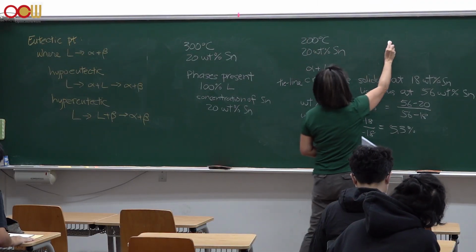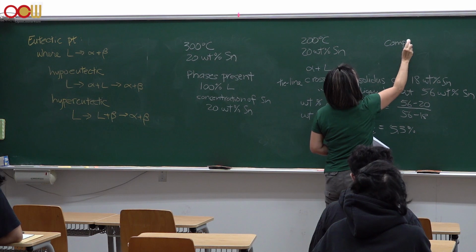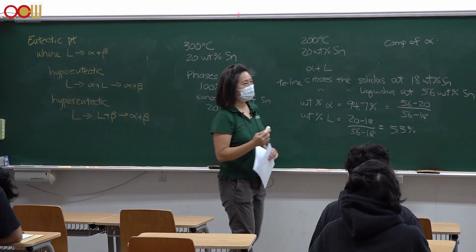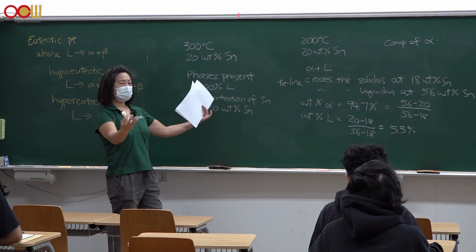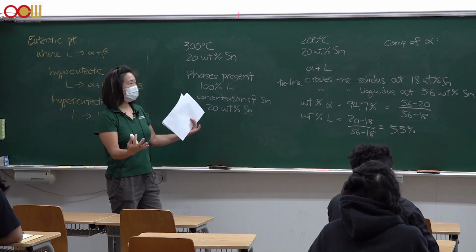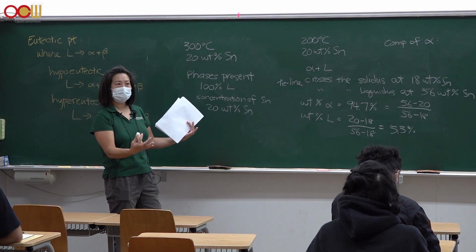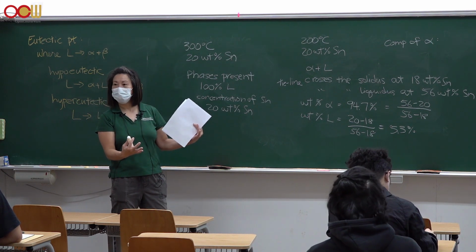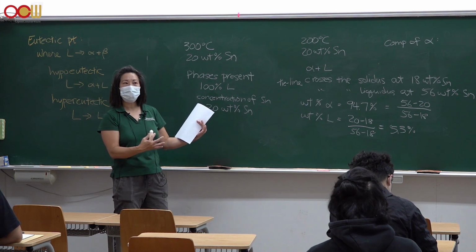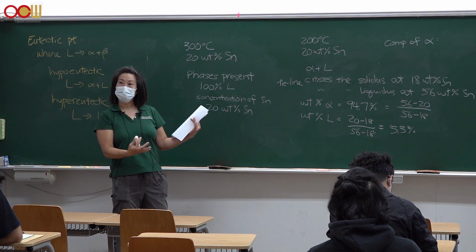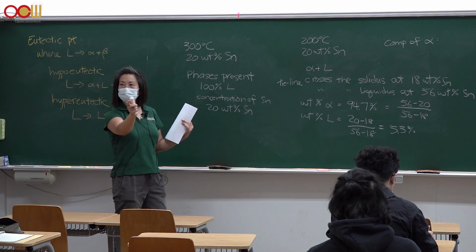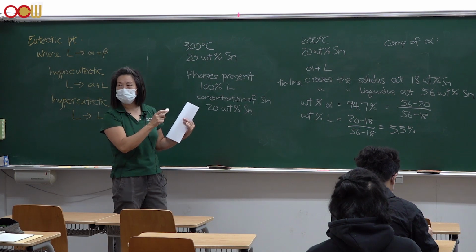My composition of alpha. What is my alpha made out of? So I know at that point I have almost 95 weight percent of my material that is a solid, and it's alpha, right? What is the composition of my alpha? What's inside? What makes up my alpha? Lead and tin, but how much lead and how much tin? The composition is where that tie line crosses the solidus.